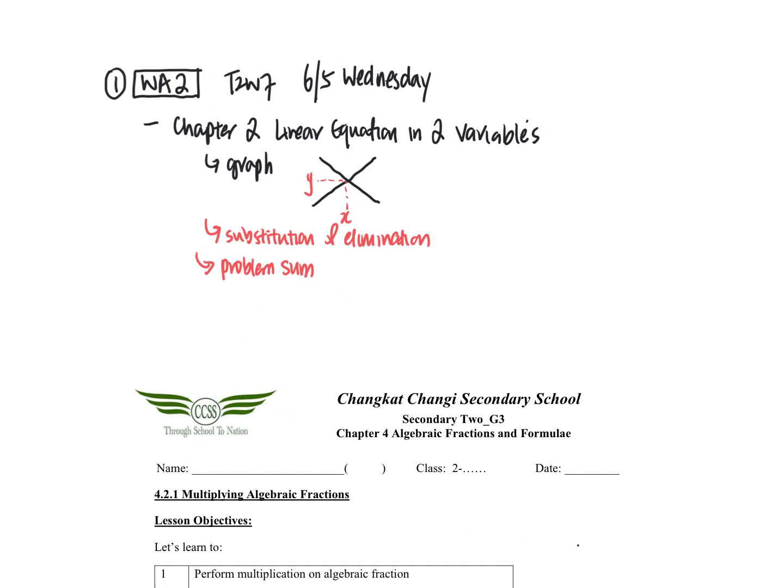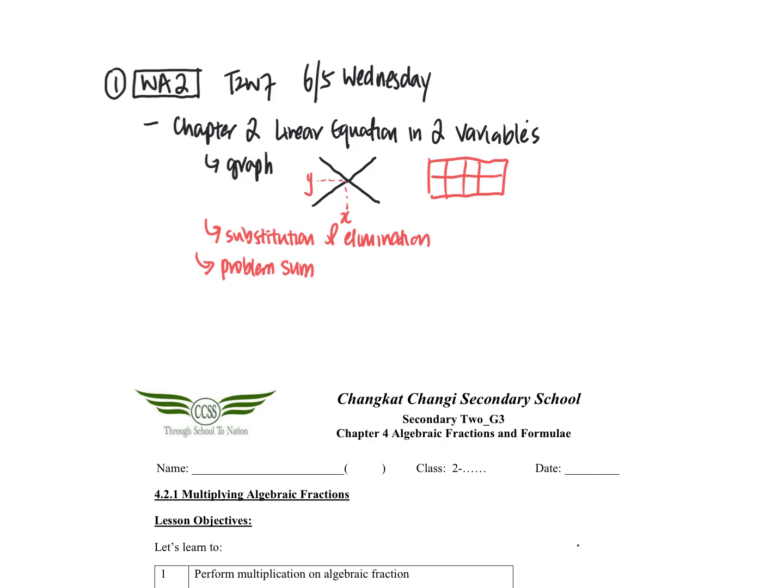In your chapter 2, there will be a component where we give you a table of values. And then we ask you to draw the other line. They give you one line, I ask you to draw the other line, and then I say solve these two equations. Then you go and read the X and the Y to solve by graph. There's another type where I give you two equations, and then you make one equation in terms of X or Y and then you sub in.